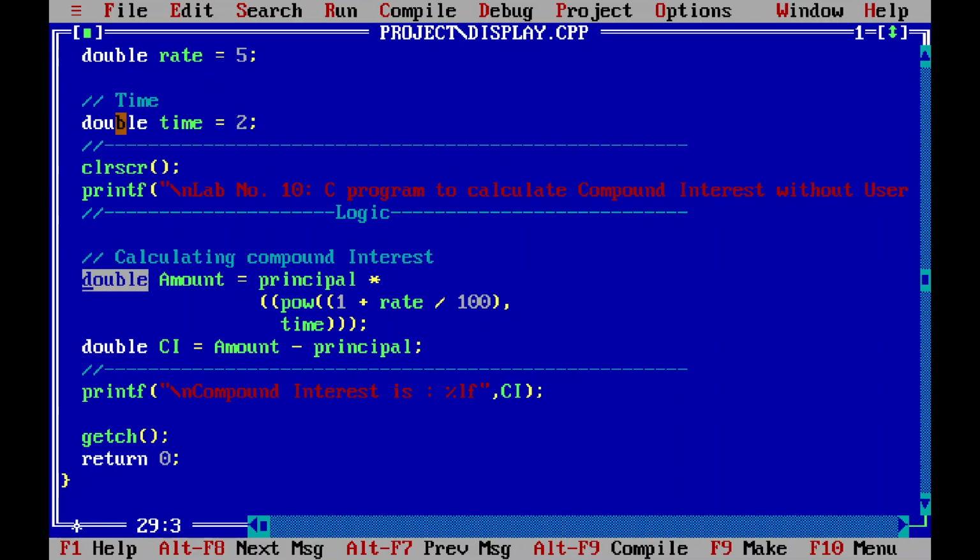Again, since everything is double, we take the double amount and the principal value. First of all, amount is the total value after a fixed tenure or time, like 2 years, what is the total amount that it has to pay?